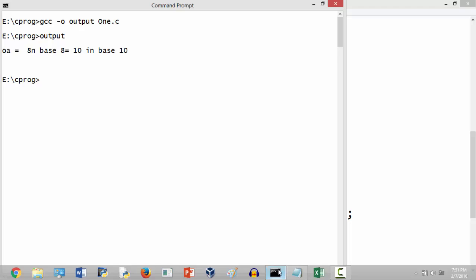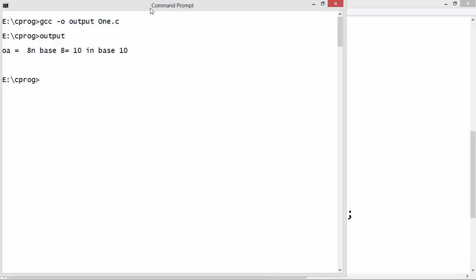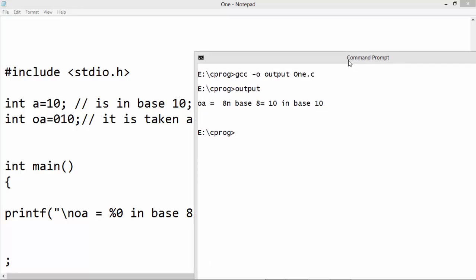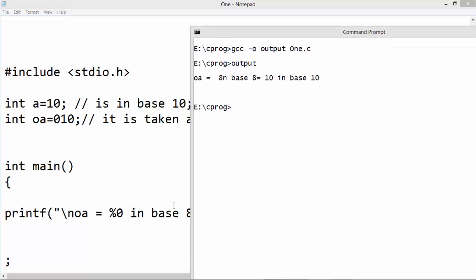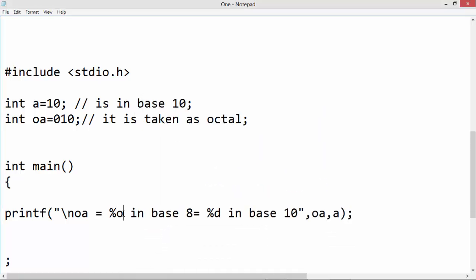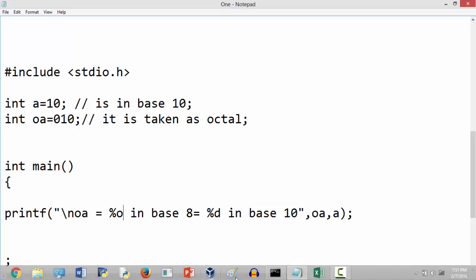So if you now look at what we have displayed, oa, which is in octal, I'm sorry, %o.